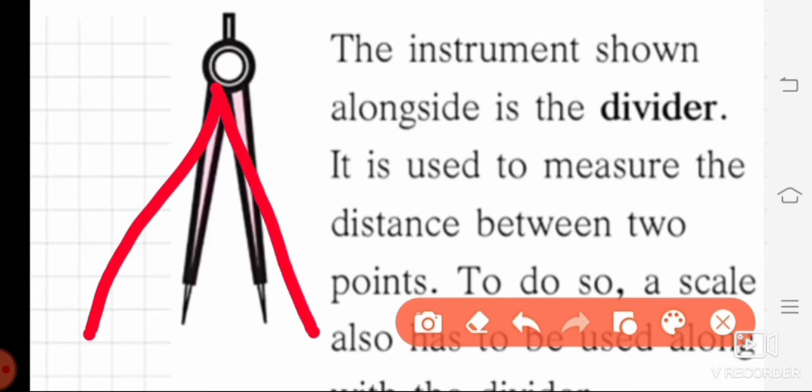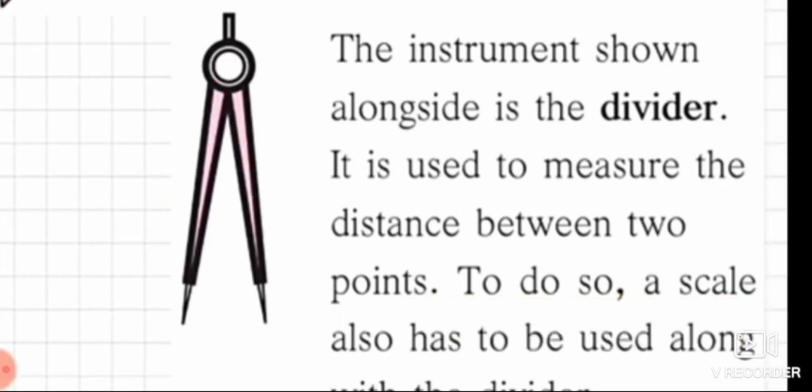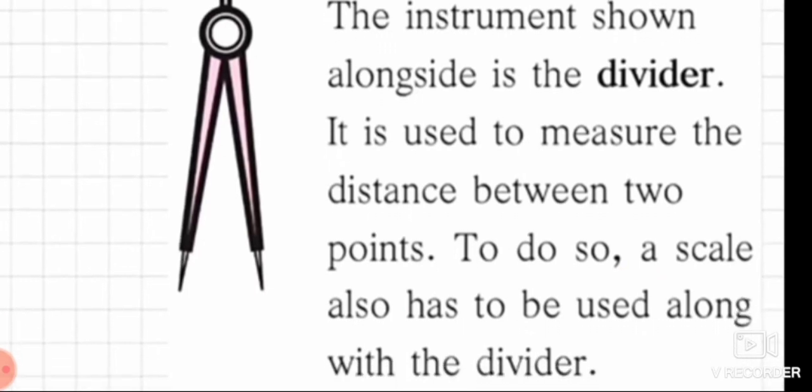And this same divider I will keep on the scale. This at 0 and this I will check where it is coming. Suppose it is coming on 4. Then the distance between these 2 points is 4 centimeter. Yes. So what is the use of the divider? To measure the distance between 2 points, if we want to measure it, we can use a divider.